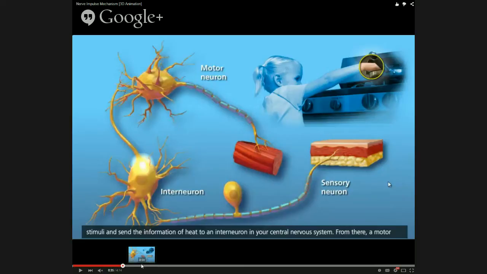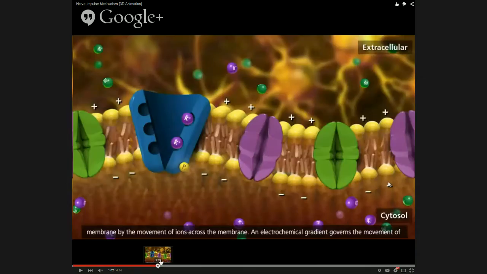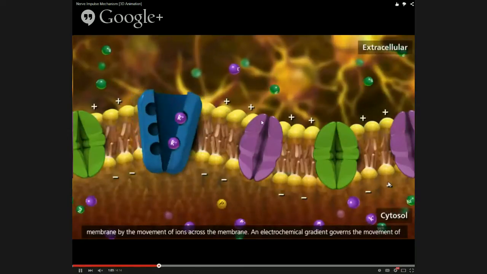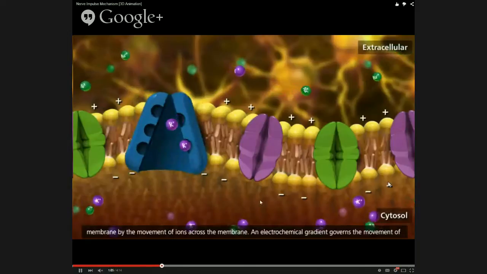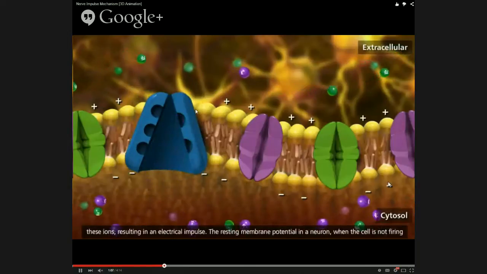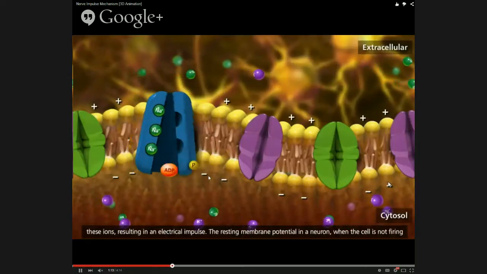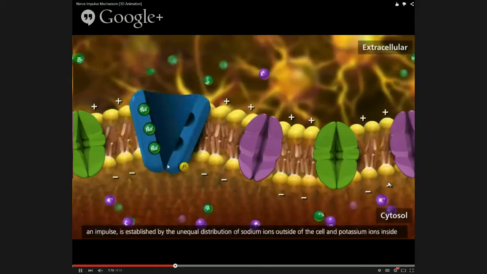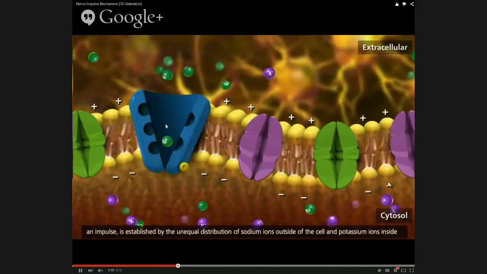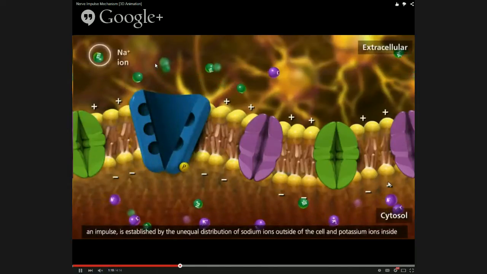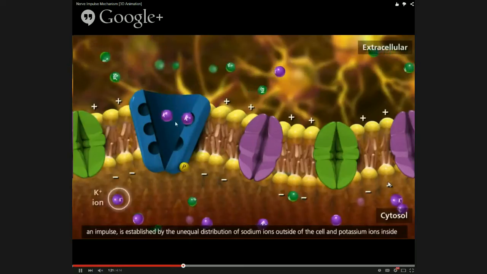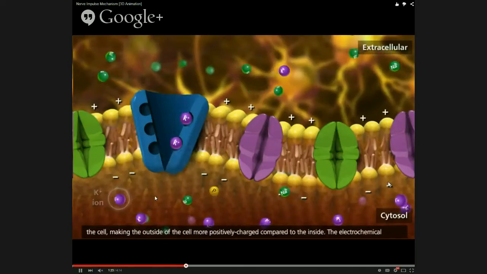So let's see, what else do I want to point out? Oh, the whole time when it's animating the membrane and talking about what's going on, this thing is always working. This is the sodium potassium ATPase. It hydrolyzes ATP to power pumping 3 sodium ions out of the cell and 2 potassium ions into the cell.